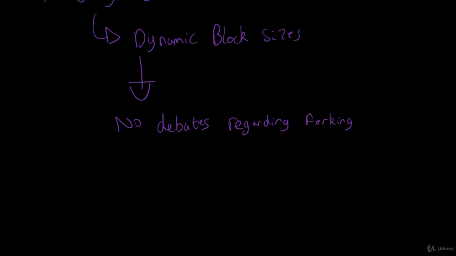The blocks have a certain size. It used to be a meg, it's 2 meg now, and it can be higher as well using different technologies such as segregated witness. But at the end of the day, that creates arguments within the community, and as a result, they debate.